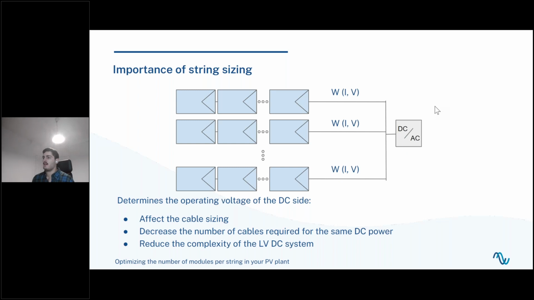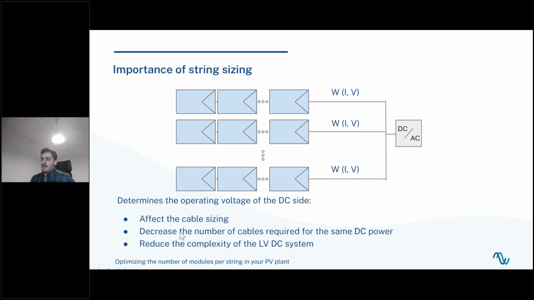But here I wanted to highlight how the size of the string will determine the voltage of the DC side. So depending on the number of modules that we connect in series, we will have defined the voltage of the DC side. When we speak of the low voltage system, this will affect different parts of the plant.